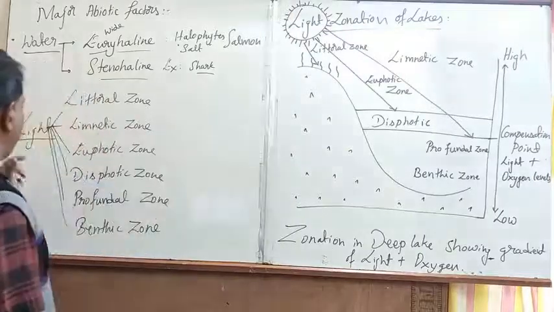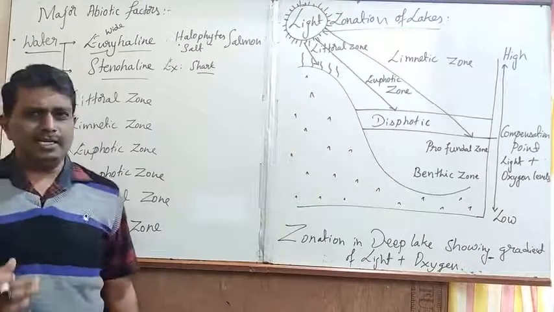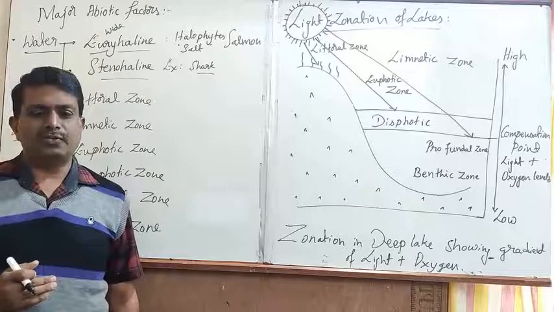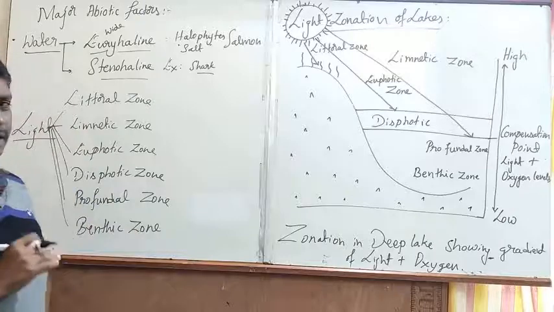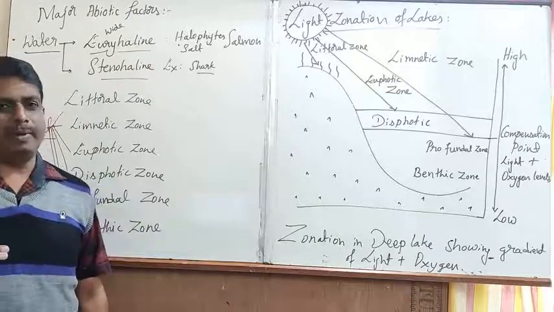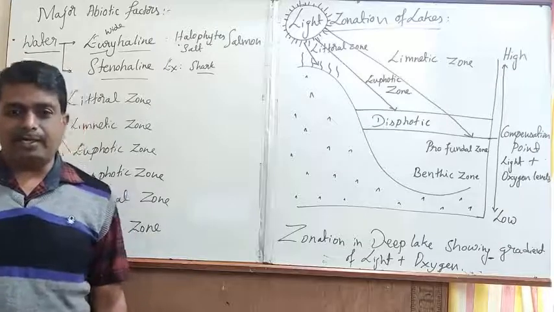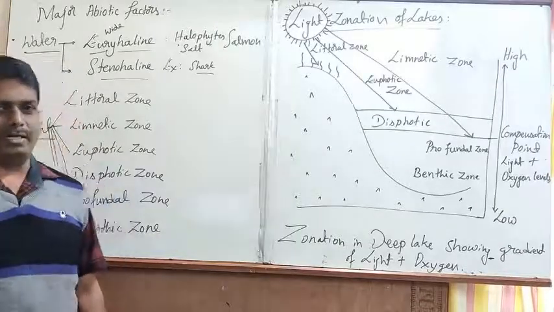The next important one is light. Sunlight is the supreme source of light energy on the Earth's surface. In determining optimum temperature on the Earth's surface, light plays a very important role. Through the electromagnetic spectrum, light energy is delivered onto the Earth's surface.